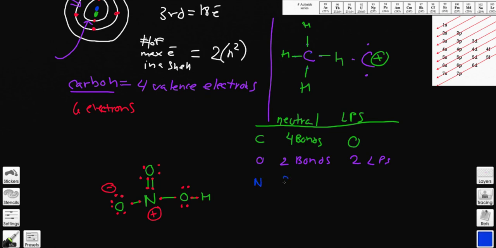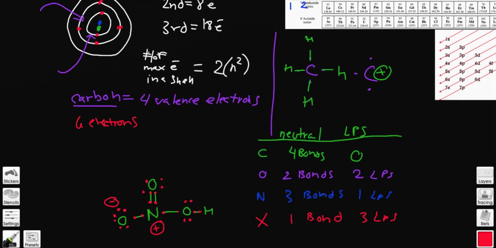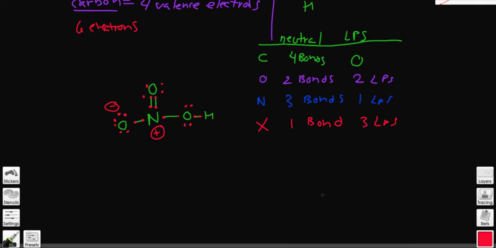Nitrogen is neutral when it has 3 bonds and 1 lone pair. And finally, the halogens are neutral when they have 1 bond and 3 lone pairs.